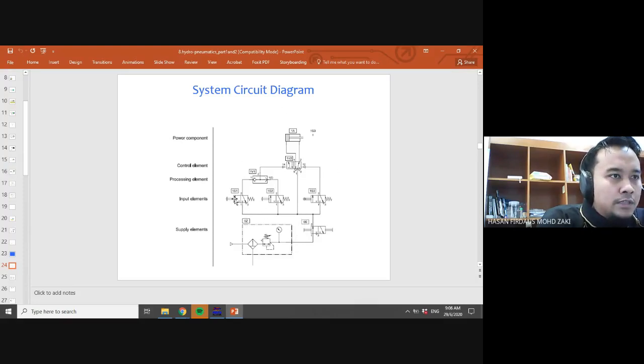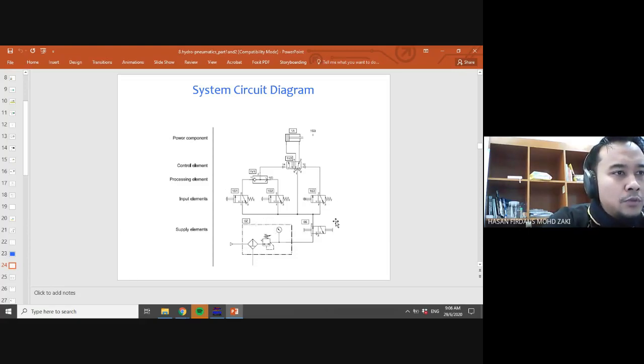After that you can see the input elements, the switches, for example 1S1, 1S2, 1S3. This one is the push button, and this one is, I think, a roller lever as the limit switch.